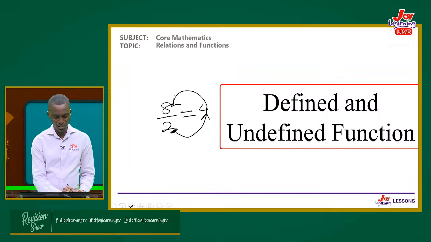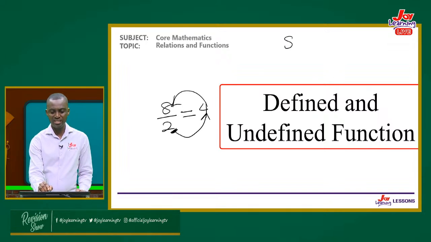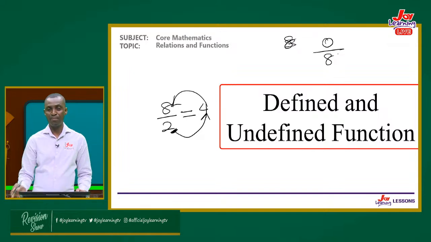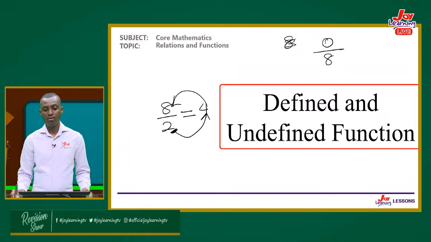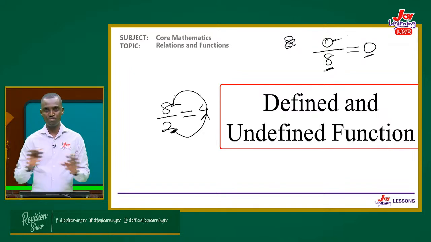Beautiful. Now, if it is true, what if I have 0 divided by a number, let's say 8? What should be the answer? I'm sure you tell me the answer is 0. Don't say it's 8, I'm begging you. The answer will be 0. 8 times 0 will give me 0, which is perfect.